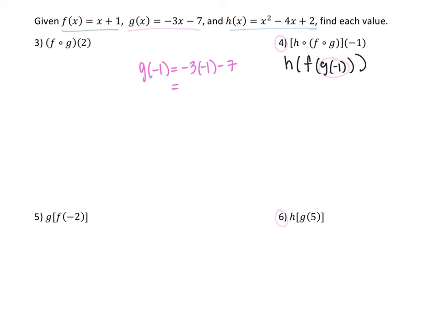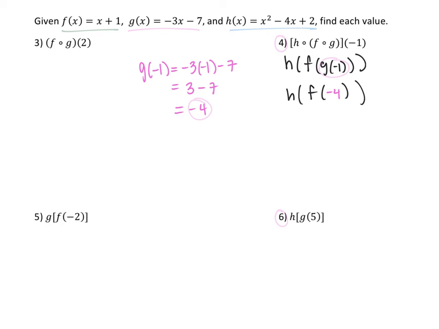So if I work this out, -3 times -1 is positive 3, minus 7 gives me -4. So in this case, this is f of -4. And then h is on the outer. So all I've done is replace this g of -1 with -4 because I calculated that, as you can see here.